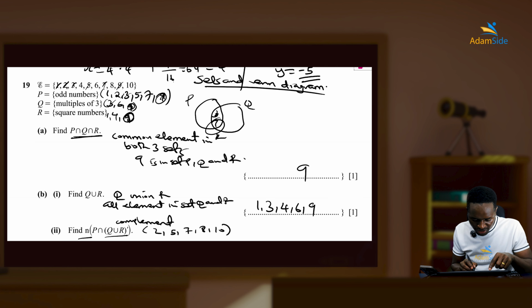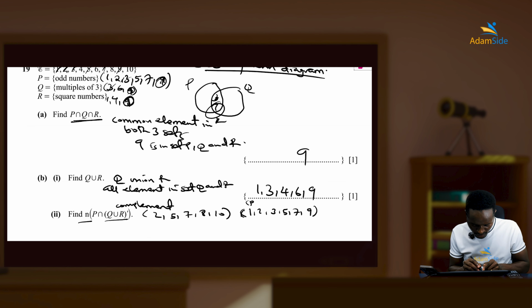So then we go to set P. P is 1, 3, 5, 7, and 9. So we look for P intersecting (Q union R) complement, and we have 2 and 5.